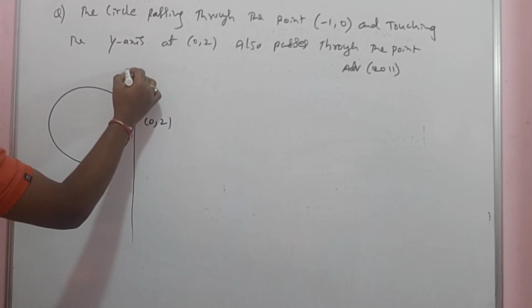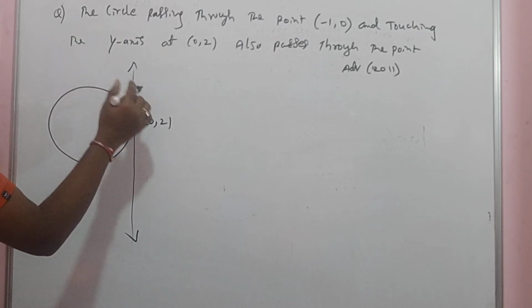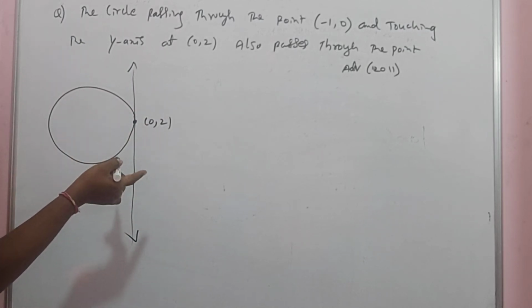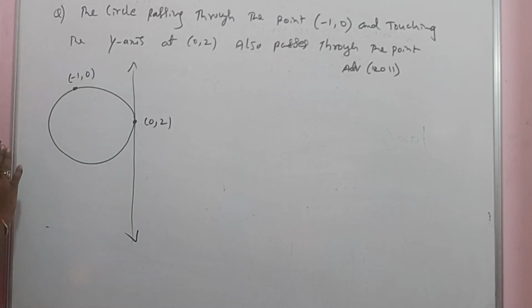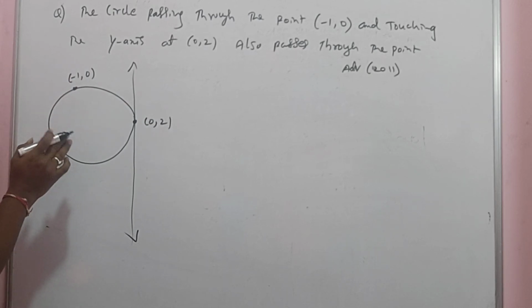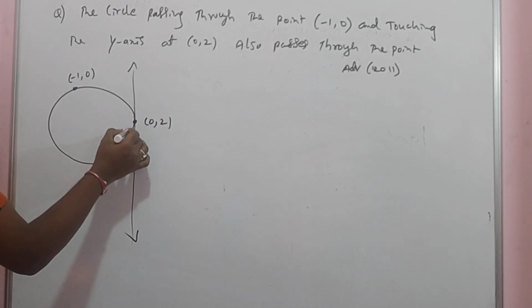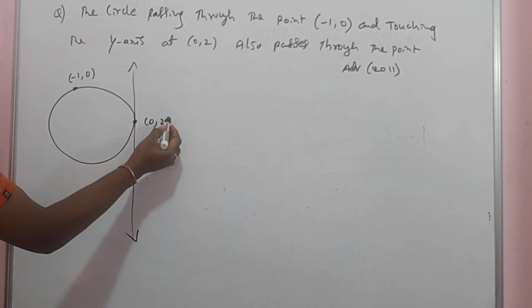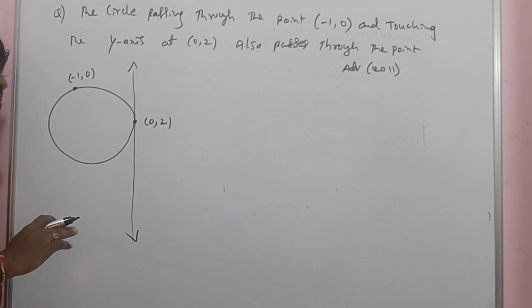So this is the y-axis here, okay. The y-axis is touched at 0 comma 2, and the required circle is passing through minus 1 comma 0, also passes through a point. Which point will it pass through? That is what the question is here. You have to find the equation of this circle, okay, and the circle is passing through 0 comma 2 and touching the y-axis at 0 comma 2, meaning they have given the line equation indirectly.